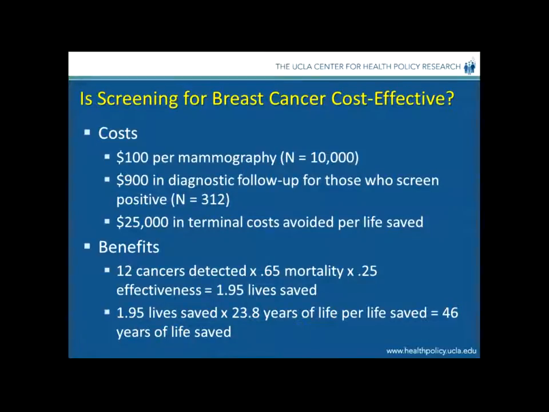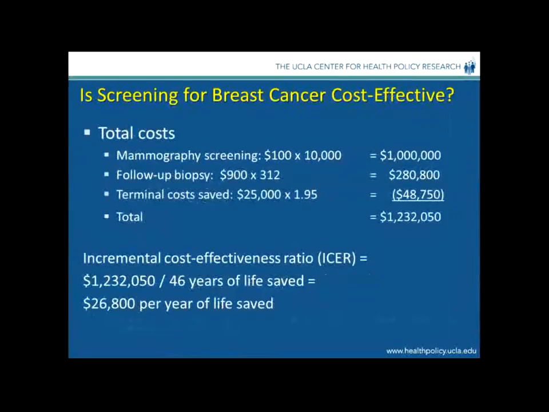The benefits, detecting 12 cancers multiplied by 0.65 mortality rate times an effectiveness of 0.25 resulted in 1.95 lives saved, and that translated roughly into 46 total years of life saved, assuming an average of 23.8 years. So what does that look like?